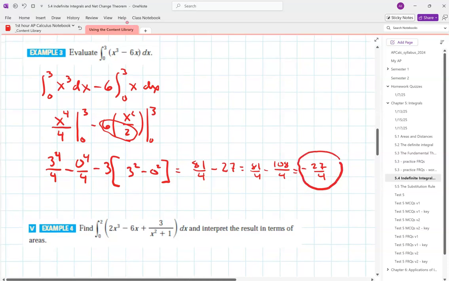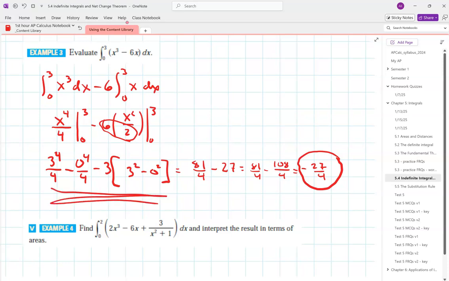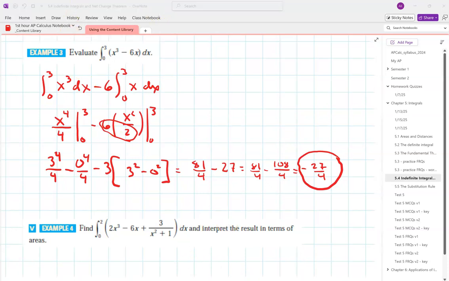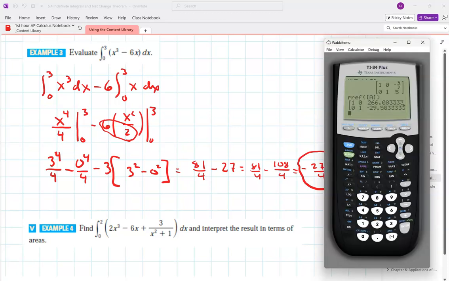So if you were given this question on a test, technically this would be fine, but if it's multiple choice, that's not going to be what the answer looks like. I want to remind you guys that for these definite integrals, these are all checkable with our calculator as well. So to do this on my calculator, I'll press the math button.